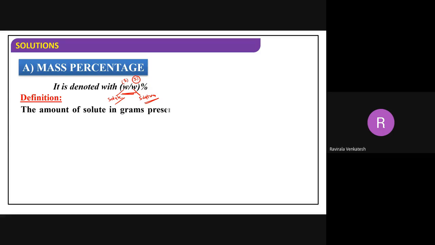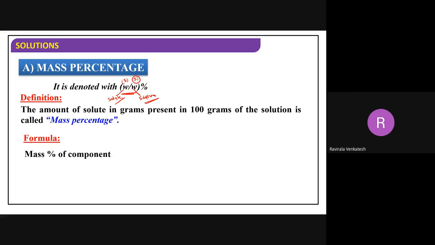Now, what is the definition? The amount of solute dissolved in a given amount of solution. Why have I taken 100 grams? Because 100 gets cancelled. That is the reason. The formula is mass of the component, that means solute, divided by mass of the solution into 100.